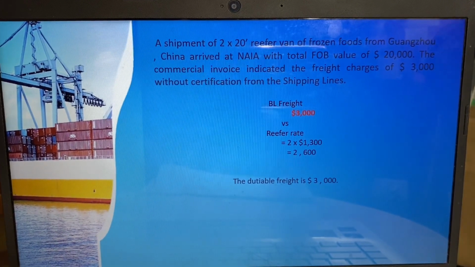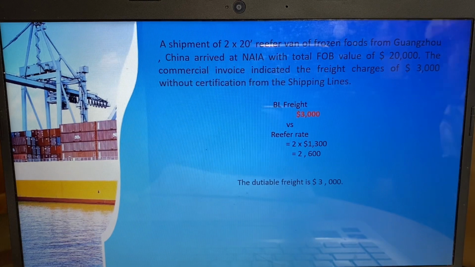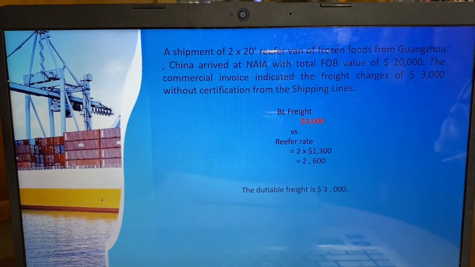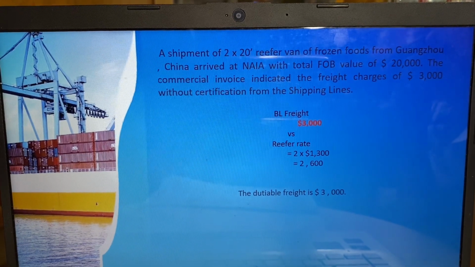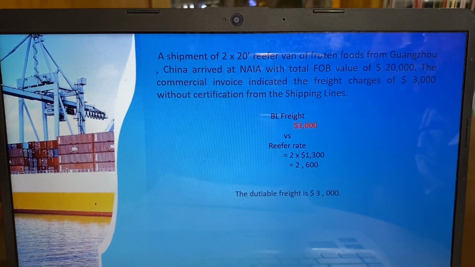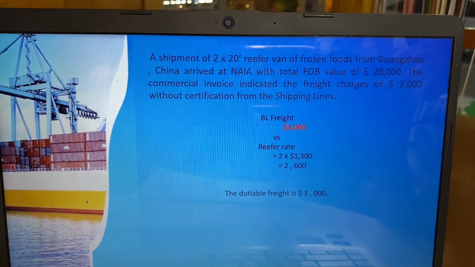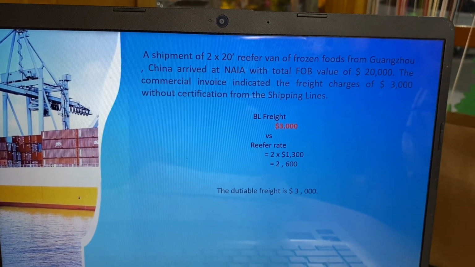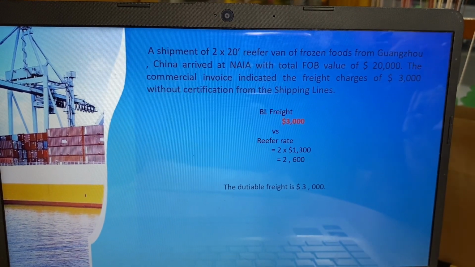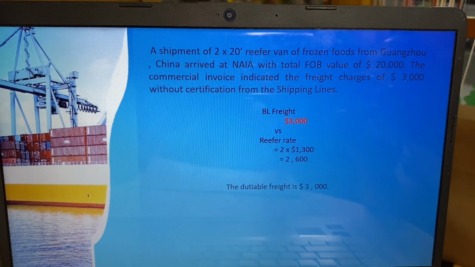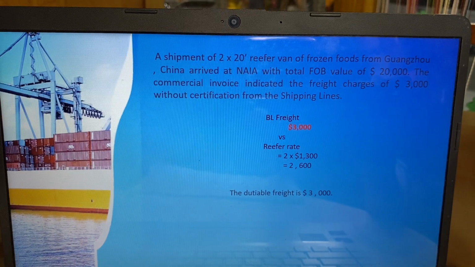So the example would be a shipment of 2x20 reefer van of frozen foods from Guangzhou, China arrived at the area with a total FOB value of $20,000 US. The commercial invoice indicated the freight charges of $3,000 without certification from the shipping lines.